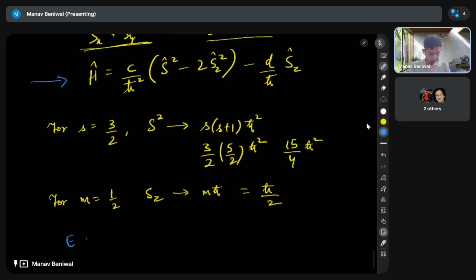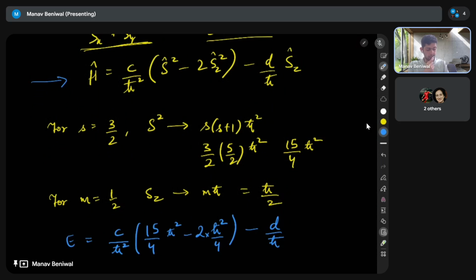The energy E will be C by h bar squared. This S squared is giving us 15 by 4 h cut squared, and then Sz is giving us h bar by 2, so Sz squared will give us h bar squared by 4, multiplied with minus 2. Finally, we will have minus D by h cut, and Sz is giving us h cut by 2.